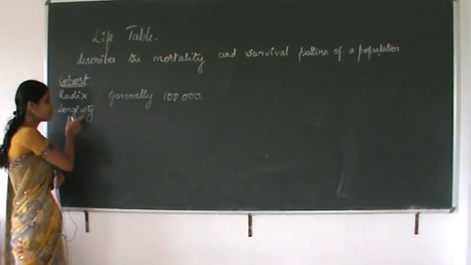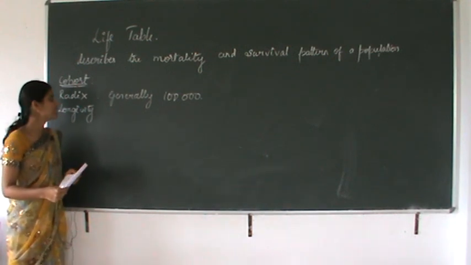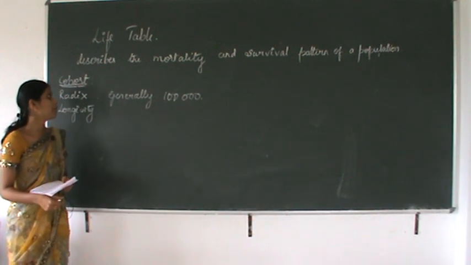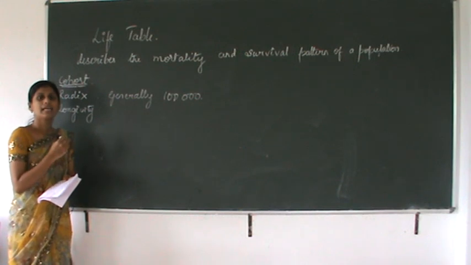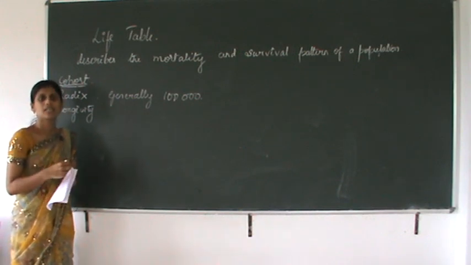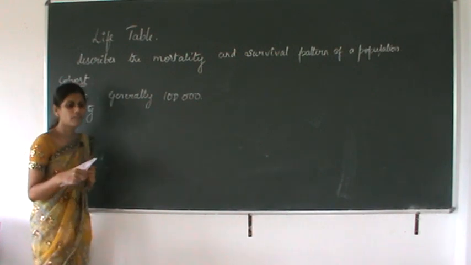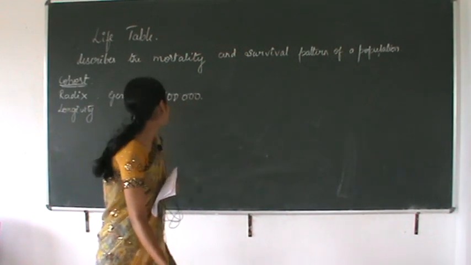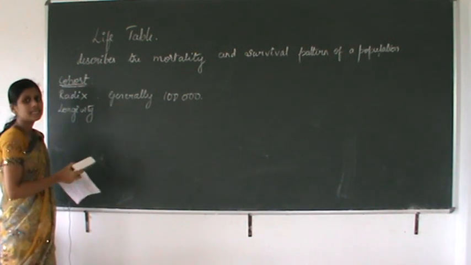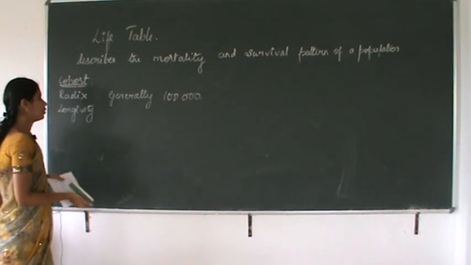That is called longevity. These are the important terms that come under life table. Life table is a tabular presentation of numerical data that describes the mortality conditions of a cohort, or the table that describes the mortality and survival pattern of a population.